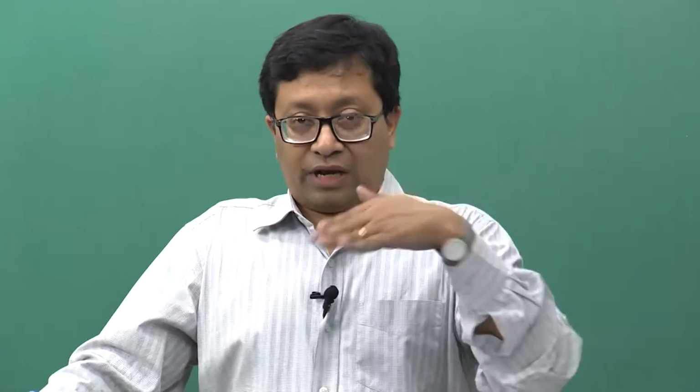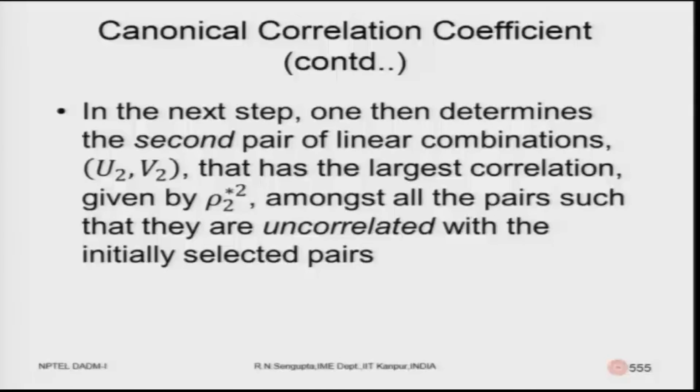In the next step, what I just mentioned, I will read it. In the next step onwards, one determines the second pair of linear combinations, u2 v2, that has the largest correlation given by rho 2 square amongst all the pairs, such that they are uncorrelated with the initially selected pairs.